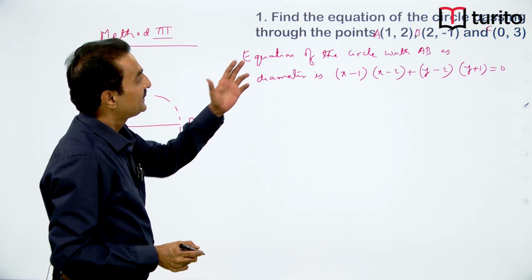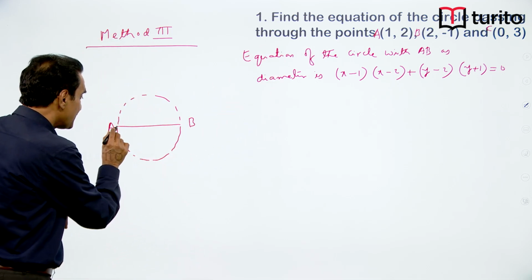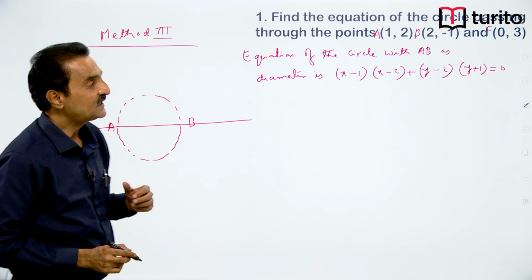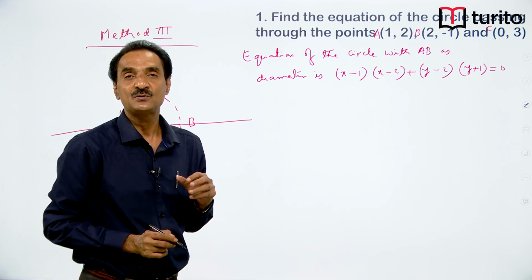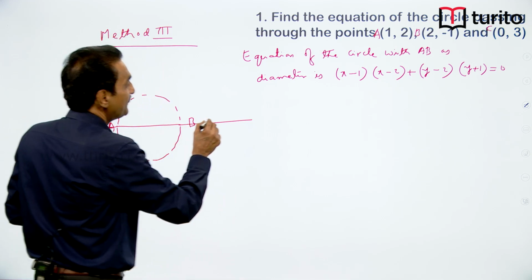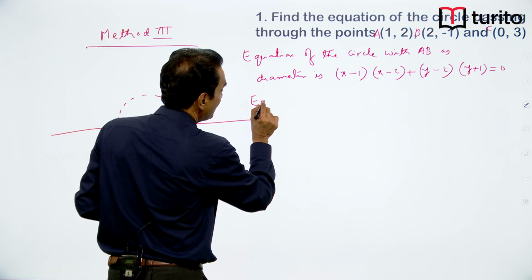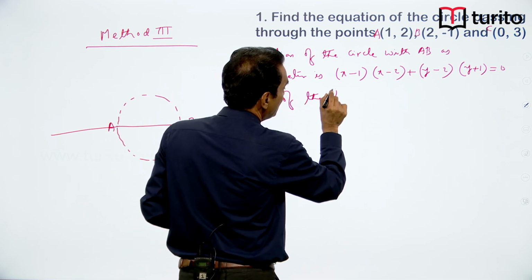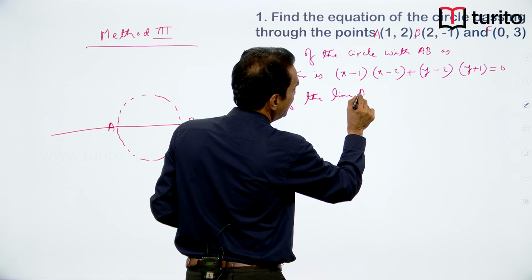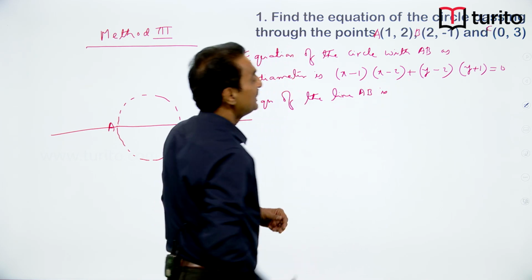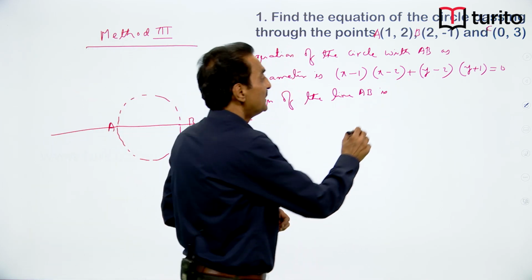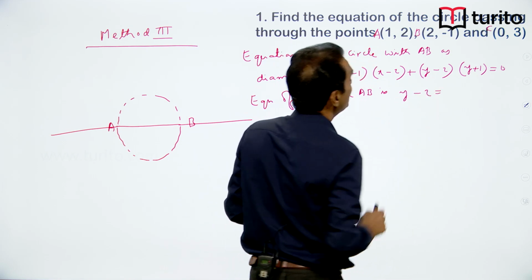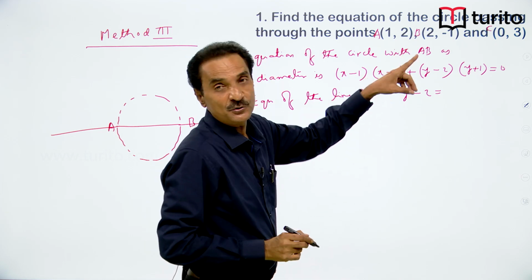Now, I will find equation of the line passing through A and B. What is the method to find the equation of a line passing through 2 given points? Equation of the line AB. What is the equation of the line AB? y minus y1, that is 2, is equal to slope into x minus 1.